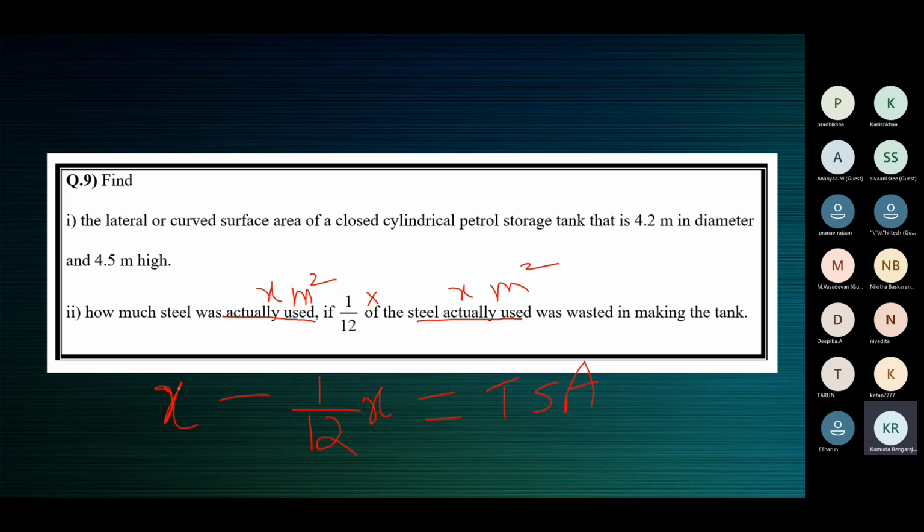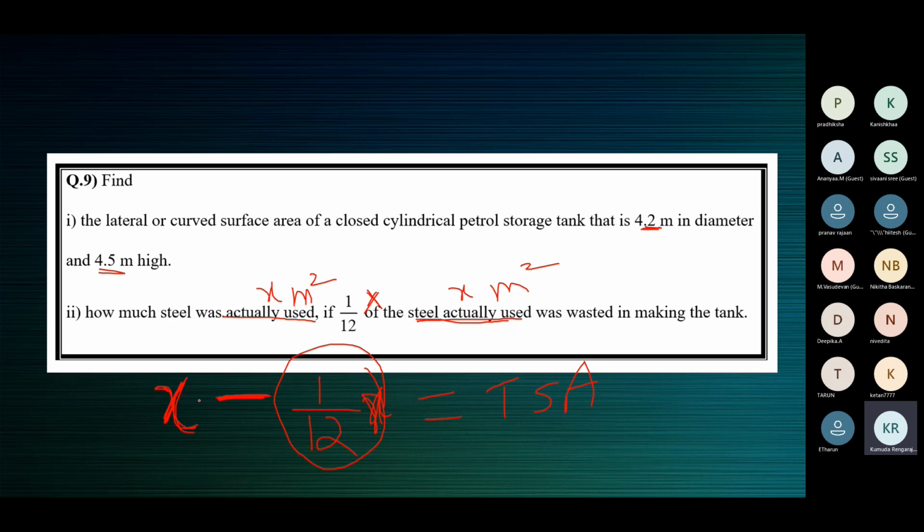From the market, I got X meter square of steel to build a petrol tank of this diameter and this height. I bought X meter square. Wastage should be subtracted, 1/12 of what I actually used. What you use is what you purchased. Whatever you purchase, you will use. So 1/12 of means multiplication, 1/12 into X. That is 1/12 X, and it's wasted.